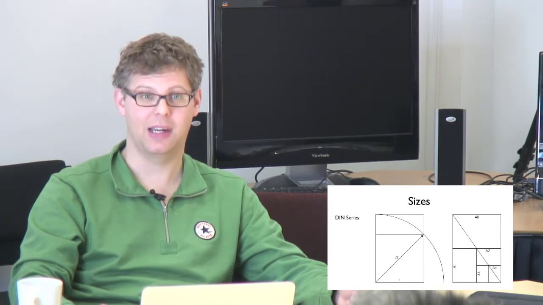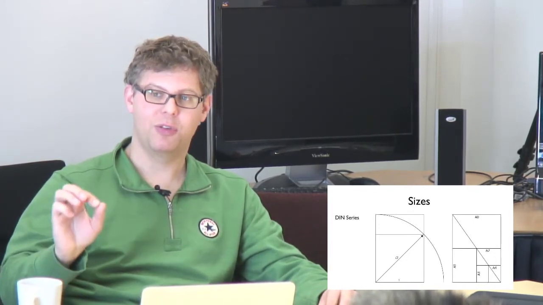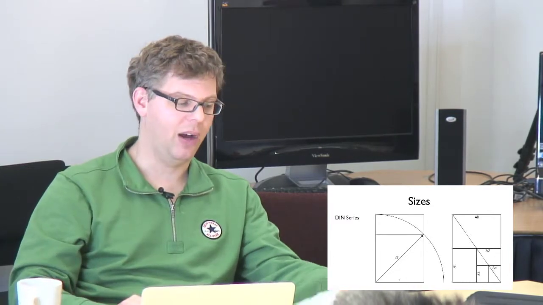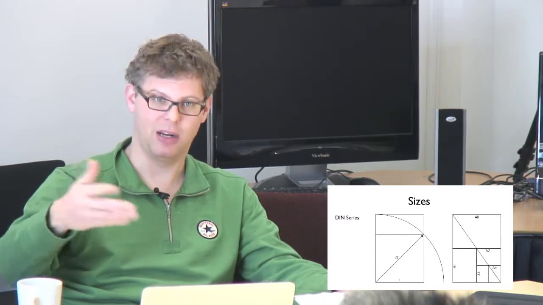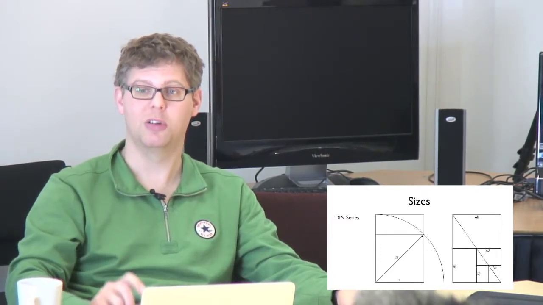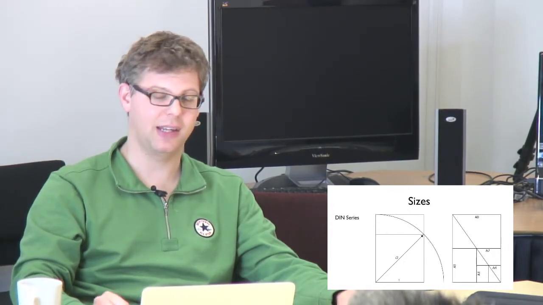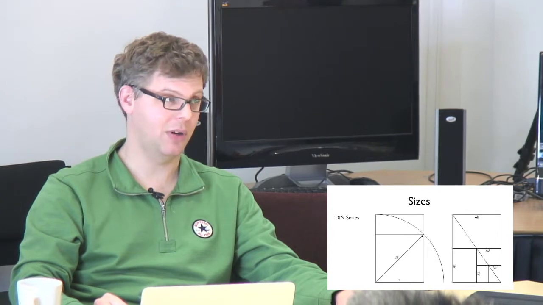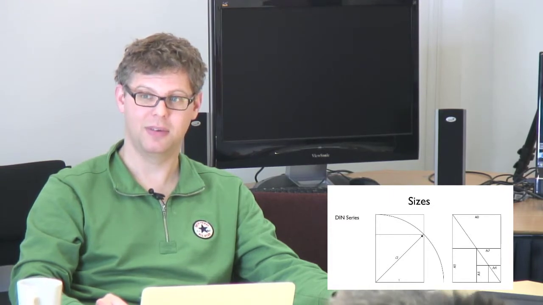Weigh it. Exactly. Now, the idea is, of course, that if you know how heavy one piece is, then by weighing it, you know how many pieces of paper are on there, right? To make things nice and easy for themselves, they decided that A0, what's the size of A0?